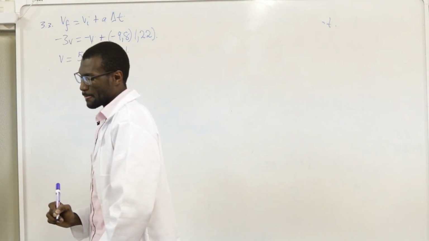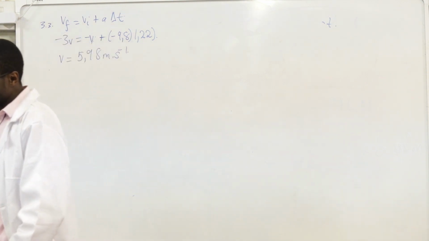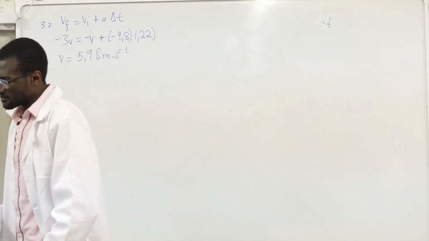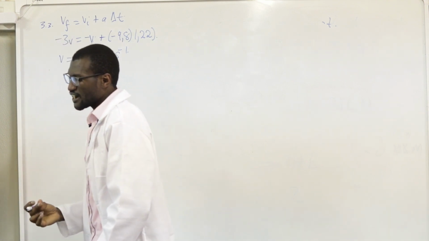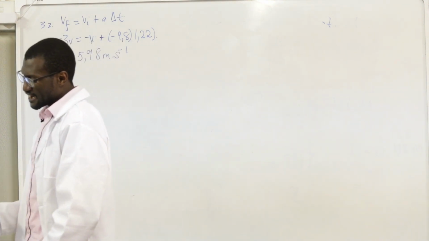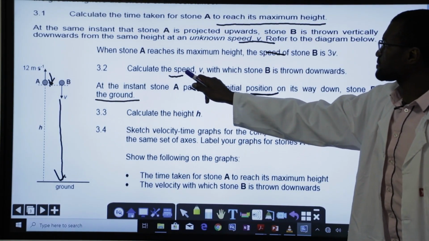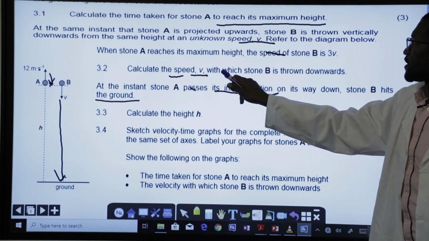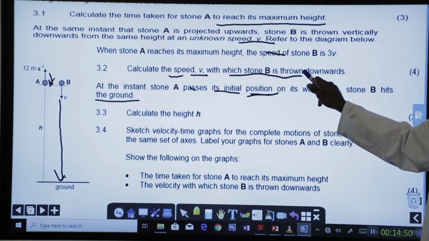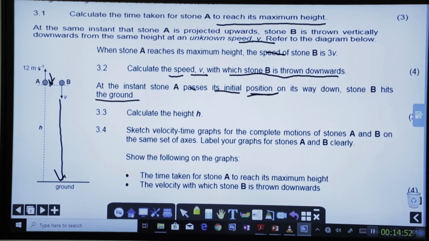Right? If the speed is 5,98 meters per second, we now have the final velocity. This question is asking us to calculate the speed v with which stone B is thrown towards the ground.